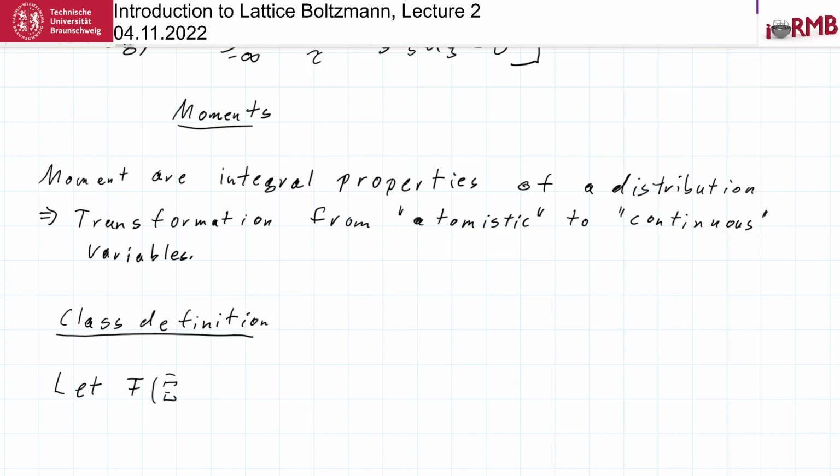This is also a distribution function, and this is a function of capital Xi. Remember, small xi is the velocity, and capital Xi is something that we call the velocity frequency.